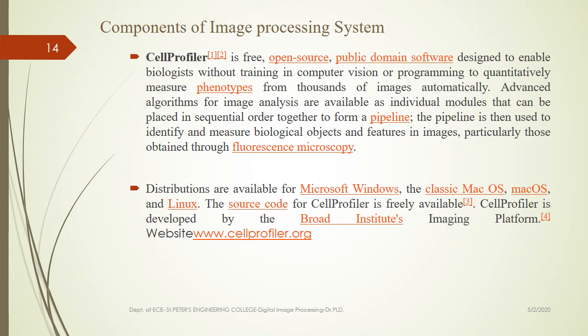Advanced algorithms for image analysis are available as individual modules that can be placed in sequential order to form a pipeline. The pipeline is then used to identify and measure biological objects and features in images, particularly those obtained through fluorescence microscopy. This is one open source software available to us.